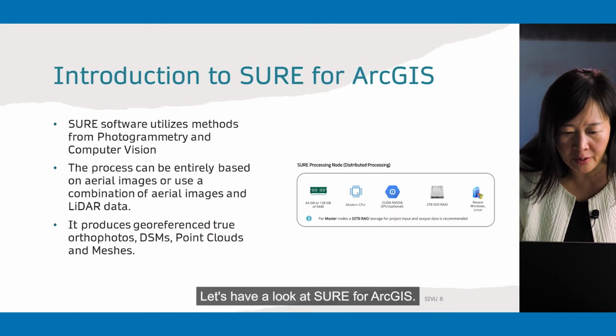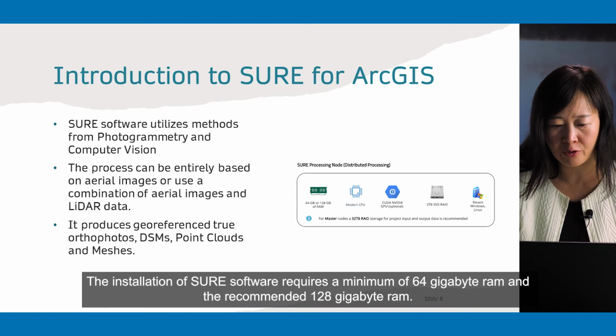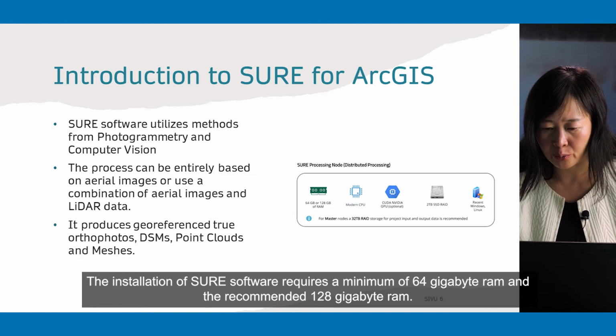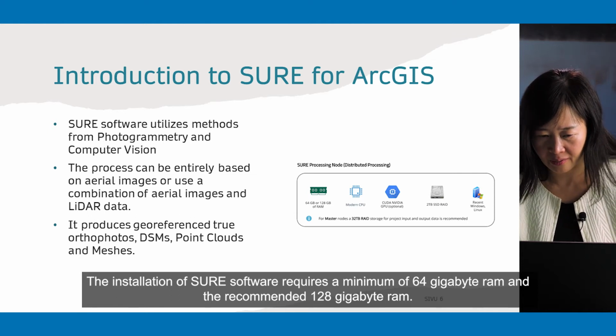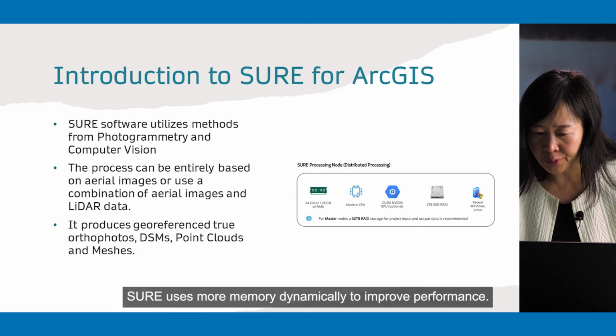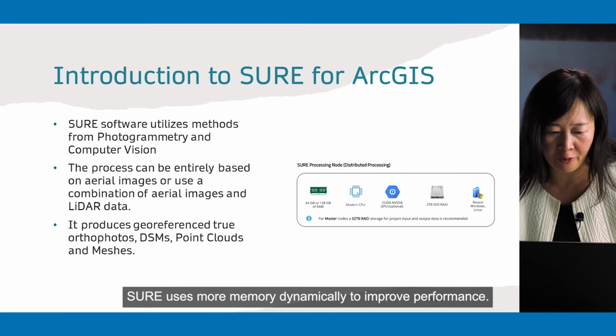So let's have a look at the Sure for ArcGIS. The installation of Sure software requires a minimum of 64 GB RAM and the recommended 128 GB RAM. And Sure uses more memory dynamically to improve performance.